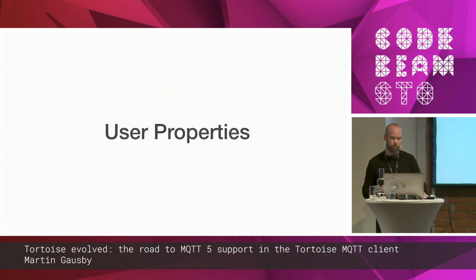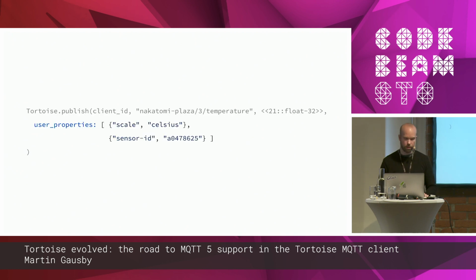So user-defined properties. These are also pretty good because now we can put some extra data on our published messages, for instance. So the temperature sensor on the 3rd floor of the Nakatomi Plaza. We can specify a sensor ID, for instance, such that if one of the temperature sensors is slightly off, we can see that it's that one in this case, and we can tell it that we're using Celsius.